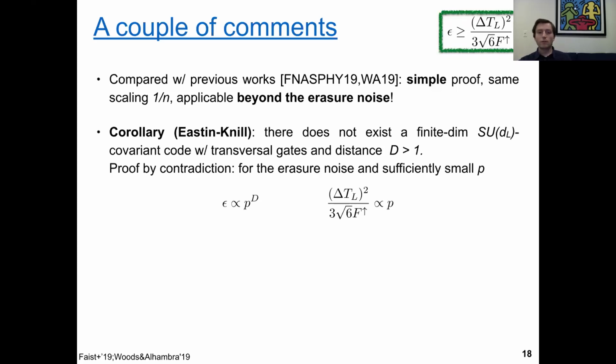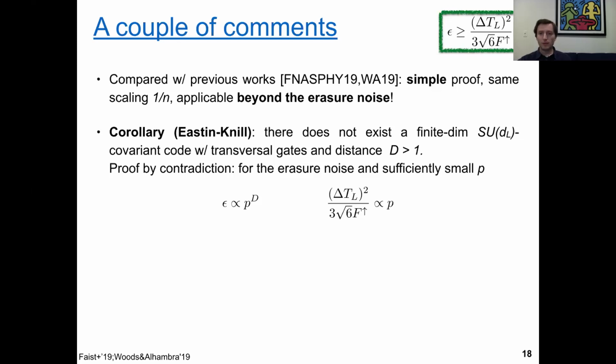So take, for instance, the erasure noise, and consider this erasure noise for sufficiently small noise strength p. Then we will know that the epsilon parameter, the one which captures how well our code performs, in that setting would scale as p to the d, because we can correct any errors as long as they affect at most d-1 subsystems.